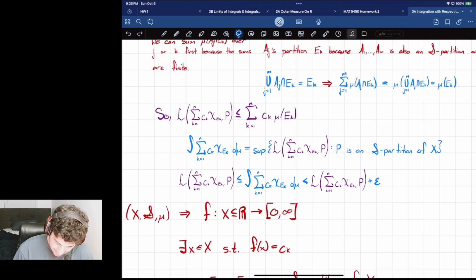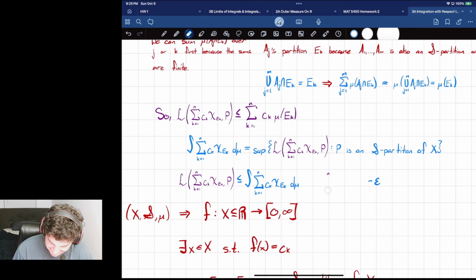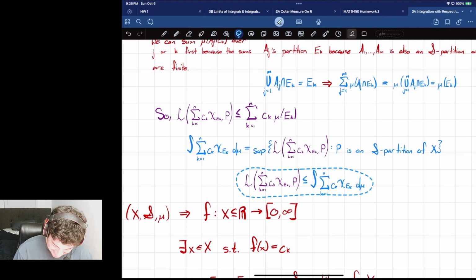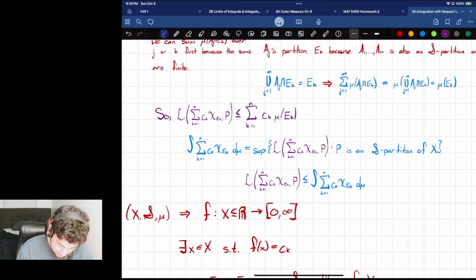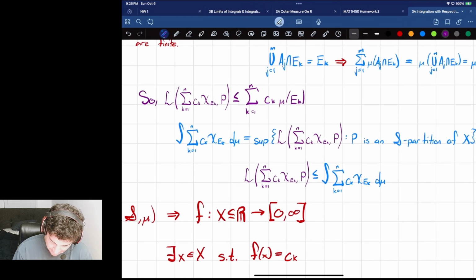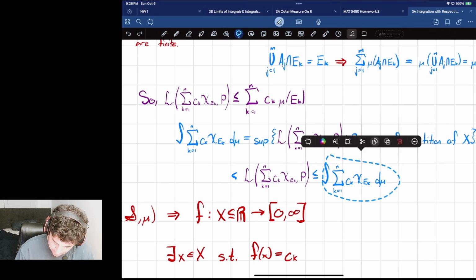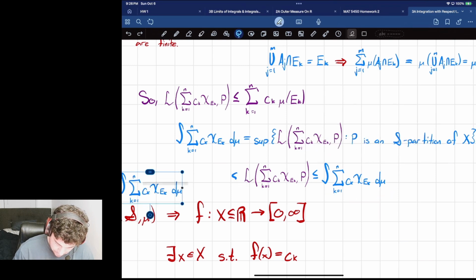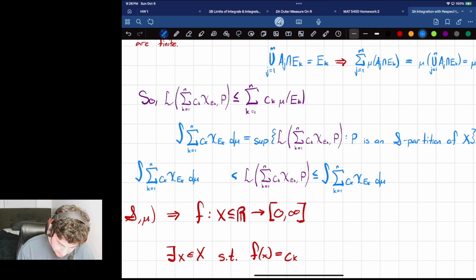It's like this. Oh my. Don't look. Don't look. I didn't write that. Oh, actually, this is still true. That's still true. This is less than, and this is the integral, minus epsilon.